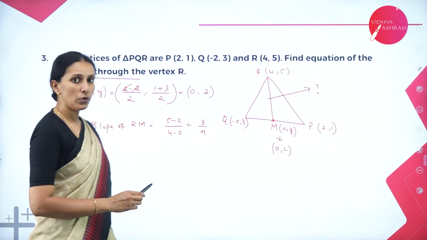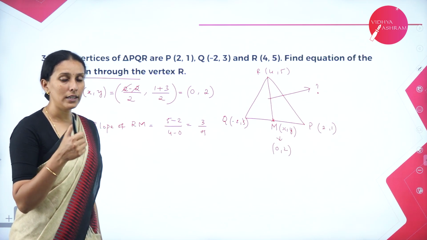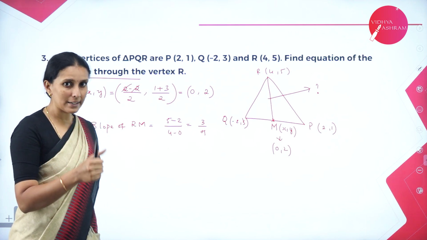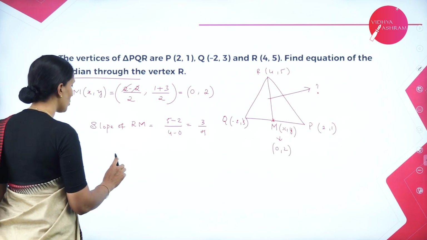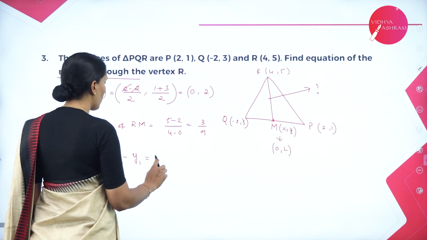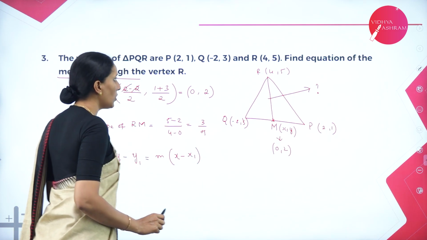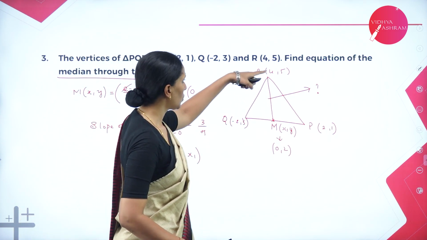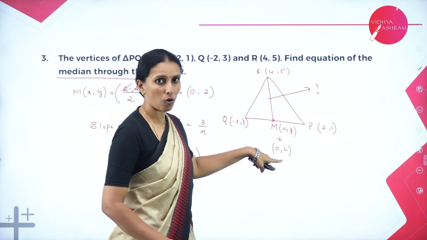Now using the point slope form. So what does it say? If you know the point at which the line is passing and the slope of the given line, then we can write the equation of the line in the form y minus y1 is equal to m into x minus x1. We know that the line is passing through 2 points, (4, 5) and (0, 2).